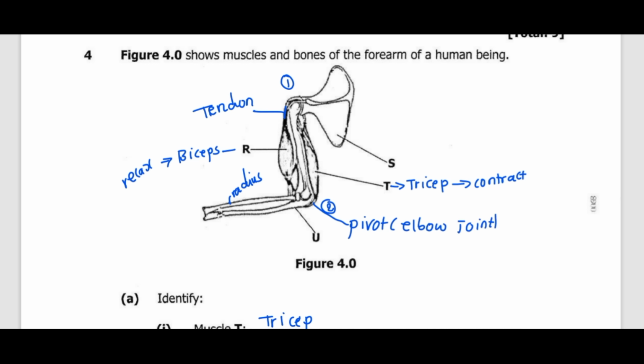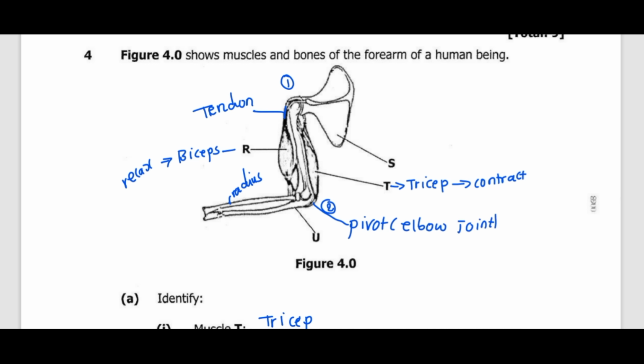So muscles of insects do not contain tendon, whereas muscles of human beings have a tendon. So these are the 2 differences that we look at.